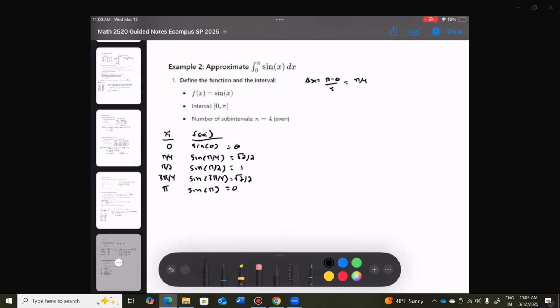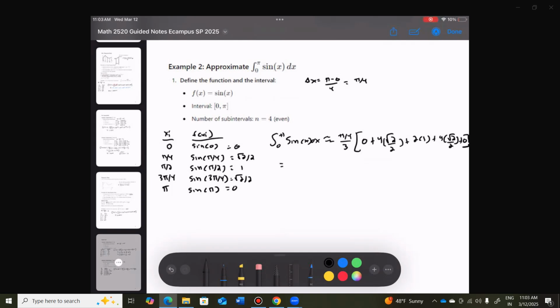Right, so using Simpson's rule, the integral is approximately equal to pi over 4 over 3, times 0 plus 4 square root 2 over 2 plus 2 times 1 plus 4 times square root 2 over 2 plus 0.